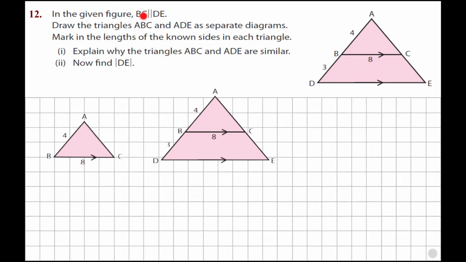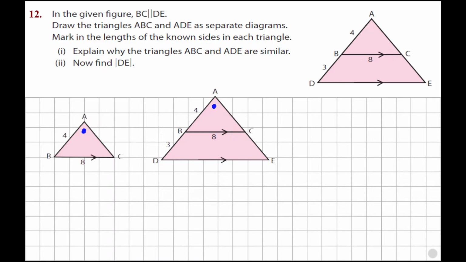It told us they were parallel, but it also showed us with these two arrows here, which means that those two lines are parallel. If you've got an arrow on a line, it means that the line is parallel. The reason why they're both similar triangles is because if you think about it, this angle here is the same in both triangles.